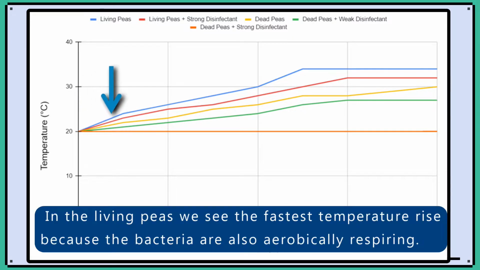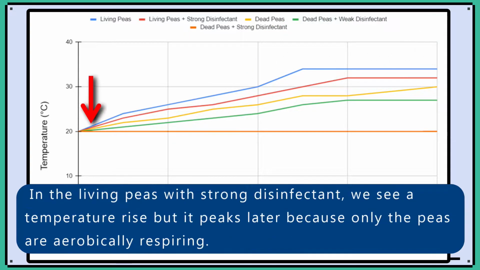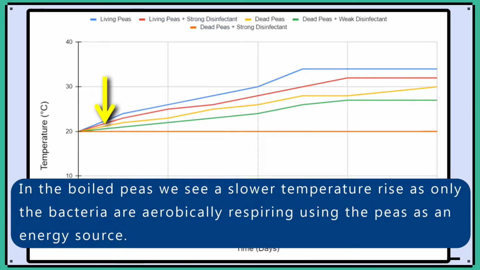In living peas, we see the fastest temperature rise because the bacteria are also aerobically respiring. In the living peas with strong disinfectant, we see a temperature rise, but it peaks later because only the peas are aerobically respiring. In the boiled peas, we see a slower temperature rise, as only the bacteria are aerobically respiring, using the peas as an energy source.